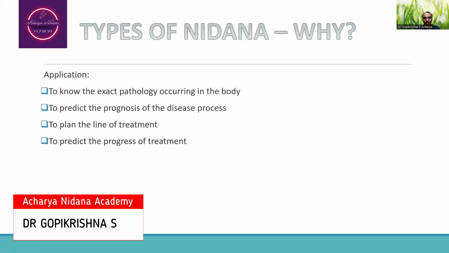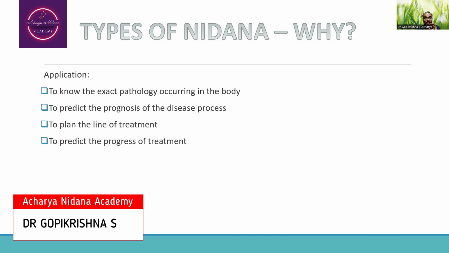Before going into that, we need to know why we need to know about these different types of nidana. The first and foremost thing is to know the exact pathology actually occurring inside the human body. Suppose the person is consuming shita rasa ahara, that means he is going to take the substances through the open mouth. So the first thing that is going to get afflicted will be the alimentary canal.